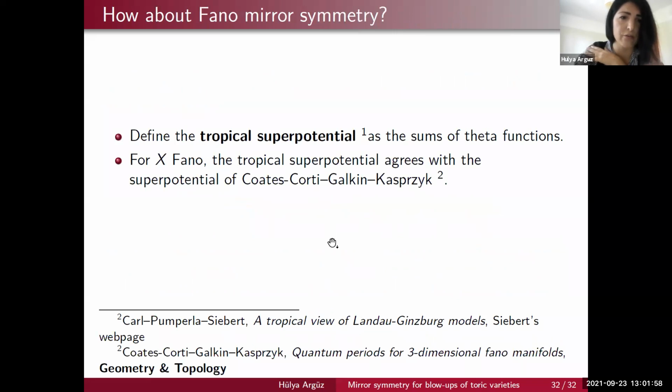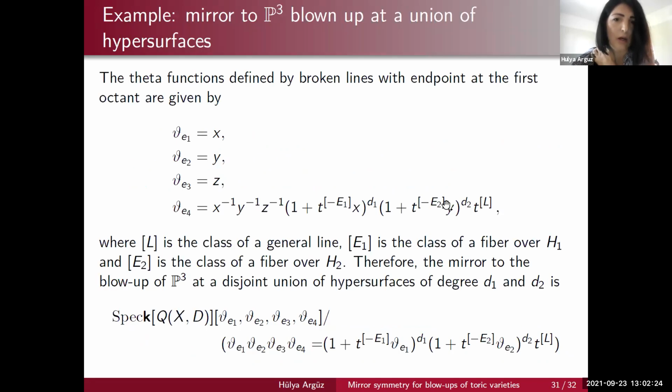The final slide: how does all this story relate to Fano mirror symmetry? If you define your tropical superpotential by summing up all your theta functions, then this tropical superpotential, if your X is Fano, agrees with the superpotential that is computed by the Fano search team, Coates, Corti, Galkin, and Kasprzak.